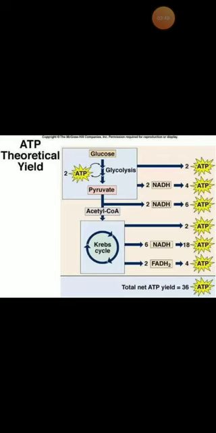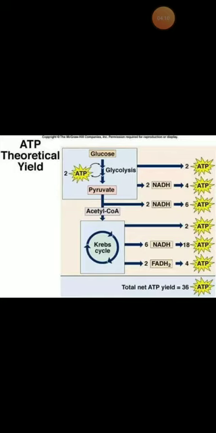In glycolysis, glucose is converted to pyruvate, and 2 ATP are used and 2 ATP are released. Generally 4 molecules of ATP are produced, but 2 are used in the preparatory, or investment, phase, and in the payoff phase 2 net molecules of ATP are released.